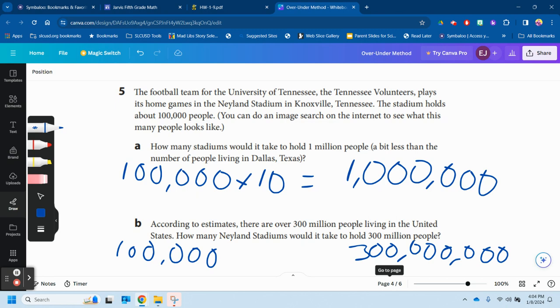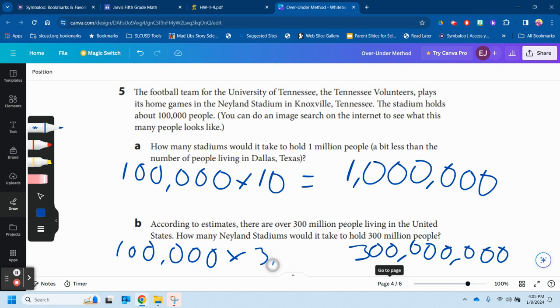So now I need a 3 involved here. 100,000 times 3 would give me 300,000. But I need all these zeros. 300 million has 8 zeros. I have 5 zeros here. I need 8, so I need 3 more zeros.